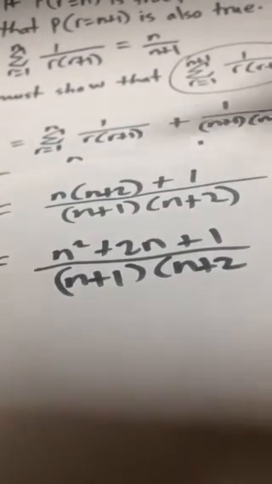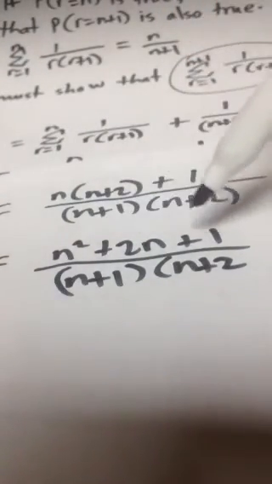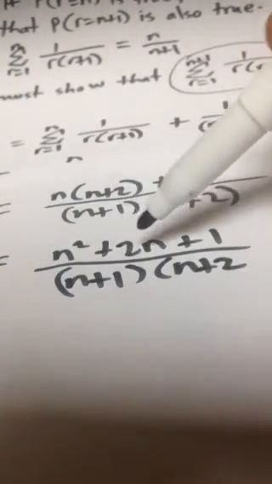Now we will simplify the top. This will be n squared plus 2n plus 1 over n plus 1 by n plus 2. Now the top is a quadratic that's going to factor to n plus 1 by n plus 1.